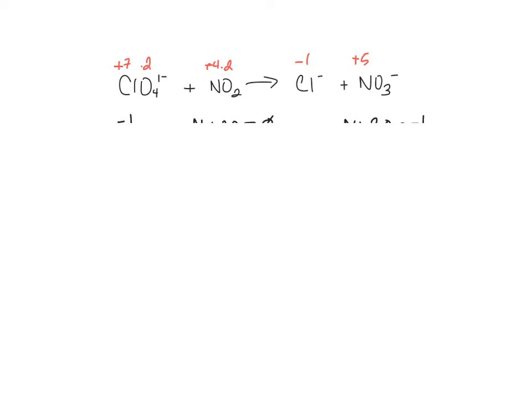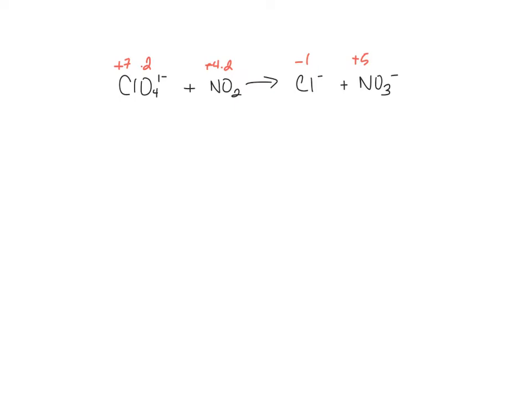So I'm just going to erase all the work that I just showed you to make this a little bit tidier. So there we go. We have the oxidation numbers. So now we have to use the change in oxidation numbers and the formula subscripts to determine how many electrons are transferred.